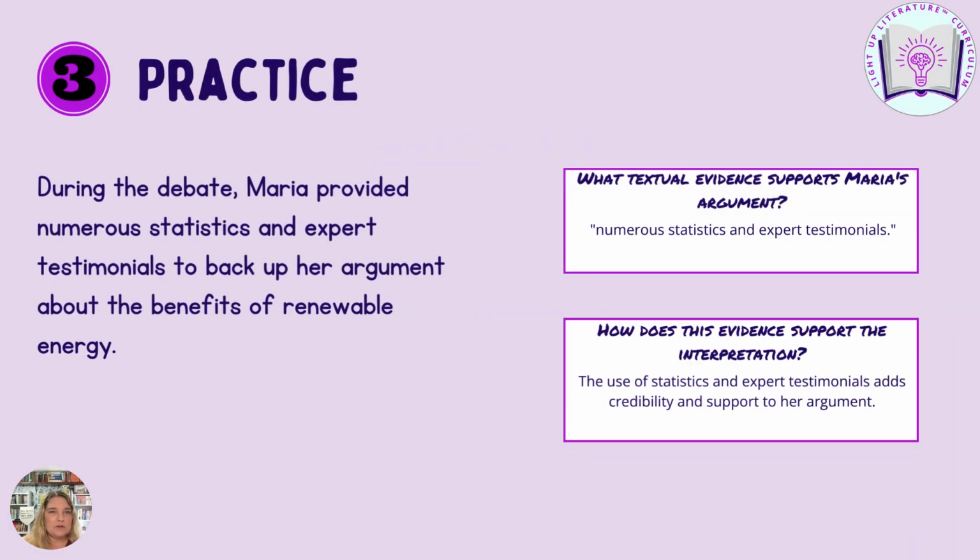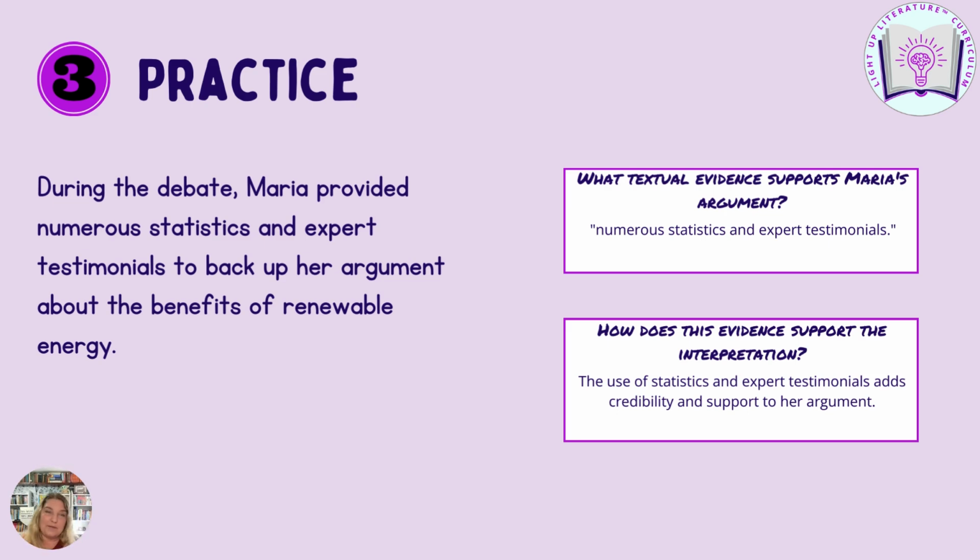So during the debate, Maria provided numerous statistics and expert testimonials. That is the text evidence. Now, how did she use it? The use of the statistics and expert testimonials adds credibility and supports her argument, because it's not just what she's saying.